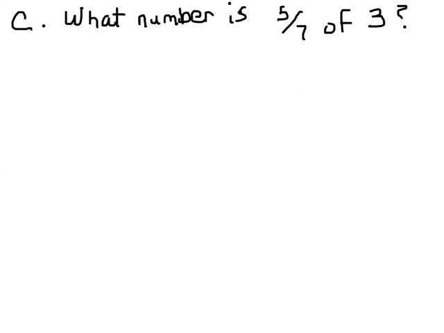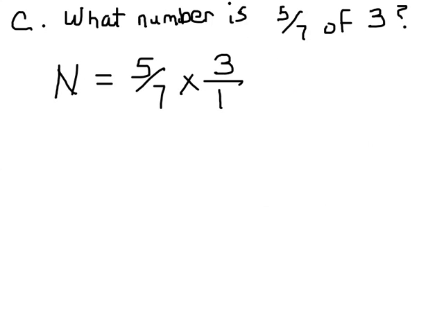Alright, this one says, what number is 5/7 of 3? Again, we're going to use n to stand for the number. What number equals, is, 5/7 of 3. I'm going to make that a fraction. Alright, again, I asked myself if I can cross cancel.